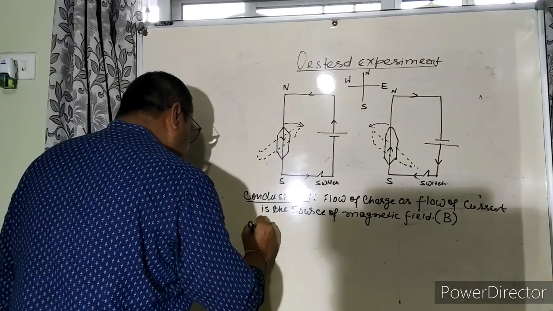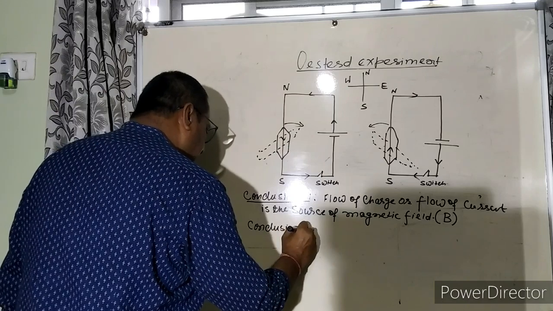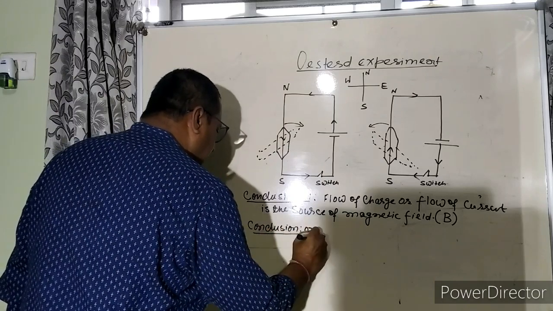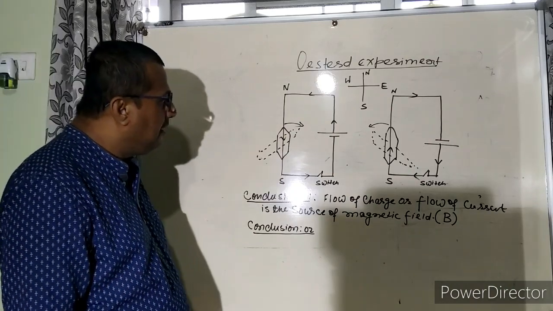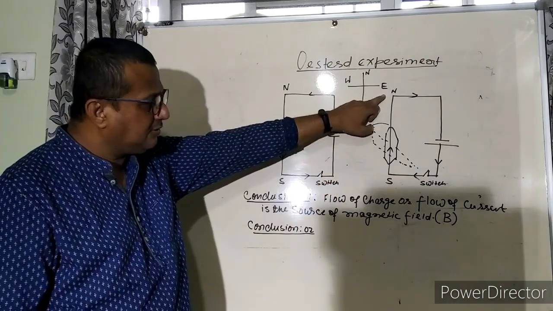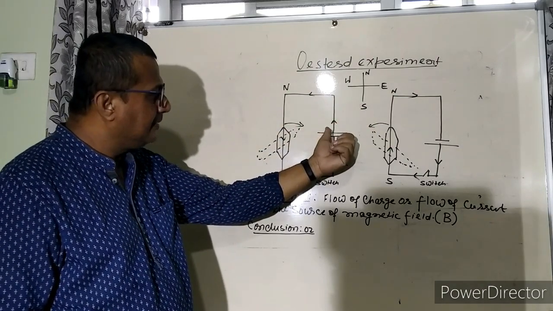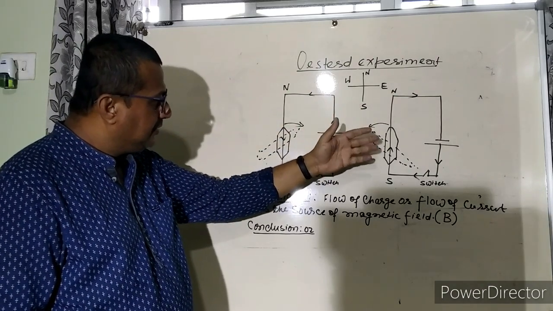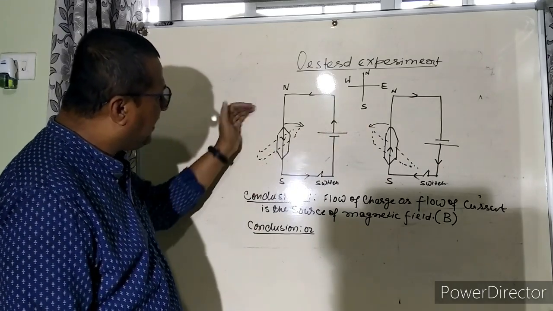Conclusion number 2. Here current is flowing south to north, deflection is west, and here current is flowing north to south, deflection is east.